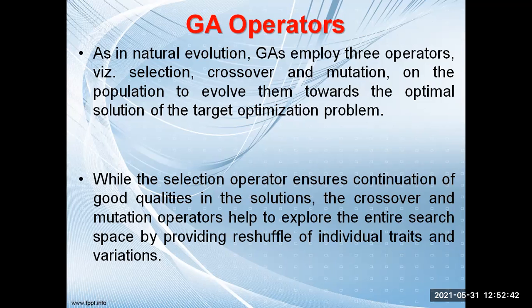Individual traits and variations means it will change the properties or characteristics of the genes. By changing those properties, the next generation, the offspring which will be created, will be better than the previous one, that is, the parents.